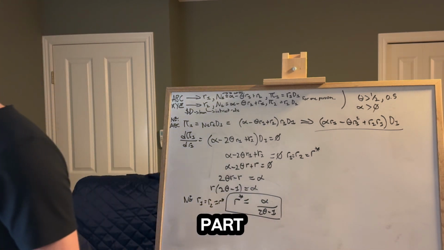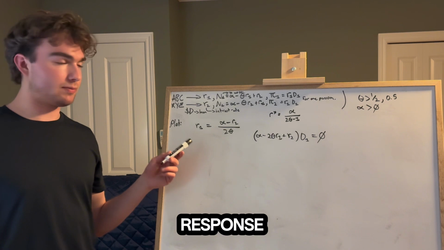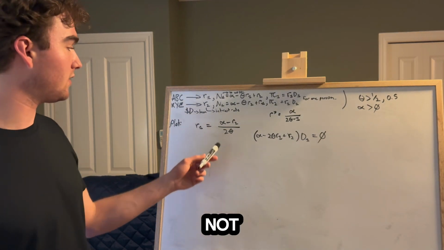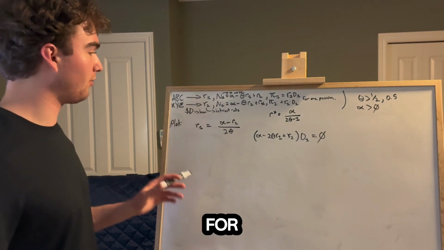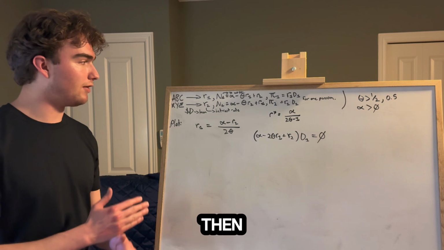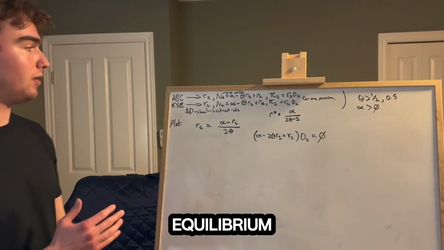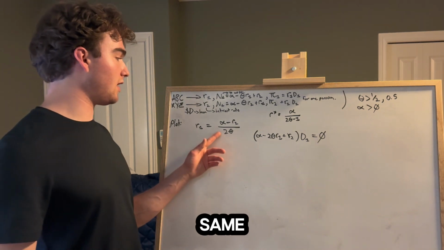Now we get to the fun part. So this is going to be your best response function right here. This is not the same as a Nash equilibrium. This is helpful for plotting on a diagram and then finding your Nash equilibrium in the middle.